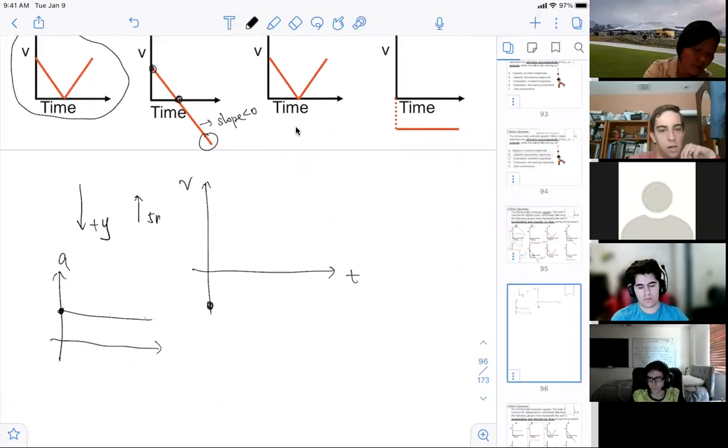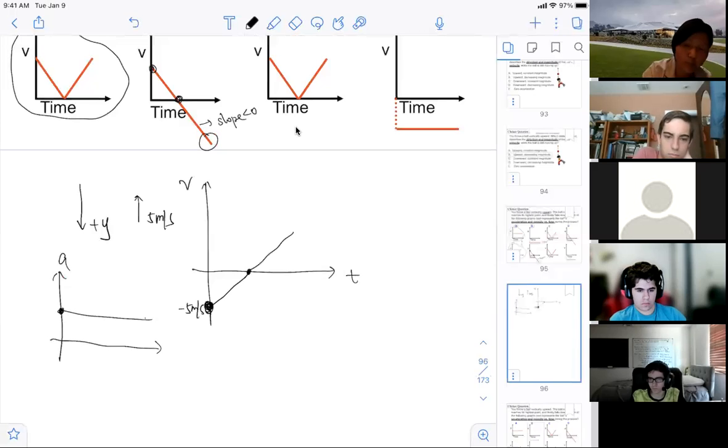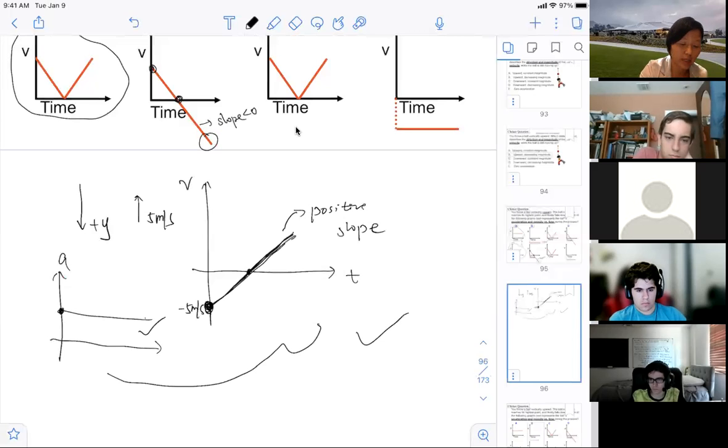Let's say if it's 5 meters per second, then it's negative 5 meters per second. It slows down to 0, and it falls back down, but now downward is positive, so it will be like this. And you have a positive slope, which is consistent with your choice of a positive acceleration. So if you were given this combination, that would also be a correct answer.